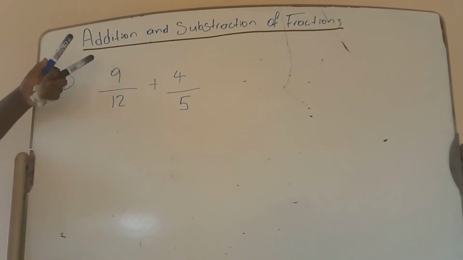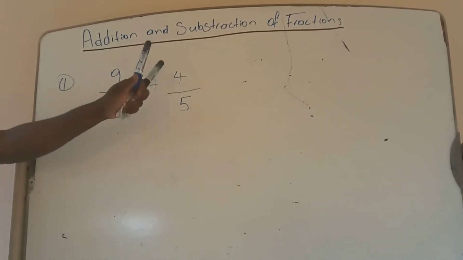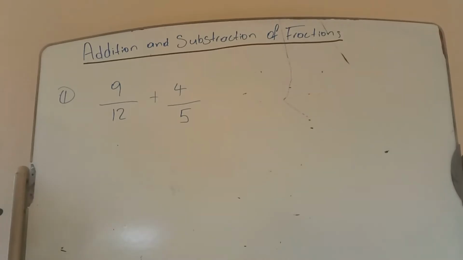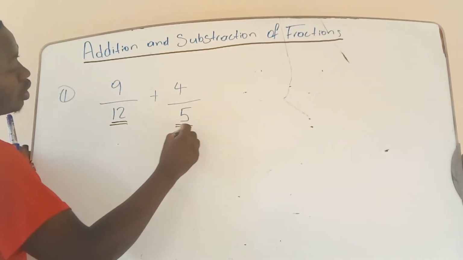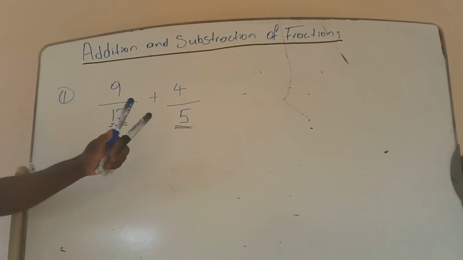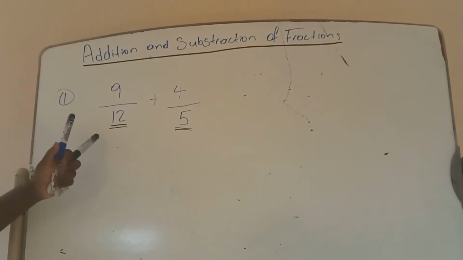Now note that the first fraction here is out of the 12 family, and the second fraction here is out of the 5 family, which means that these two denominators are not the same, which means that we need to find a common denominator, and you will know the term lowest common multiple.